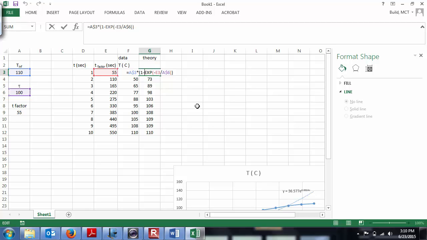So with the T infinity, the time constant, and the data, we were able to recreate an exponential. Lance, yes? So what is E?